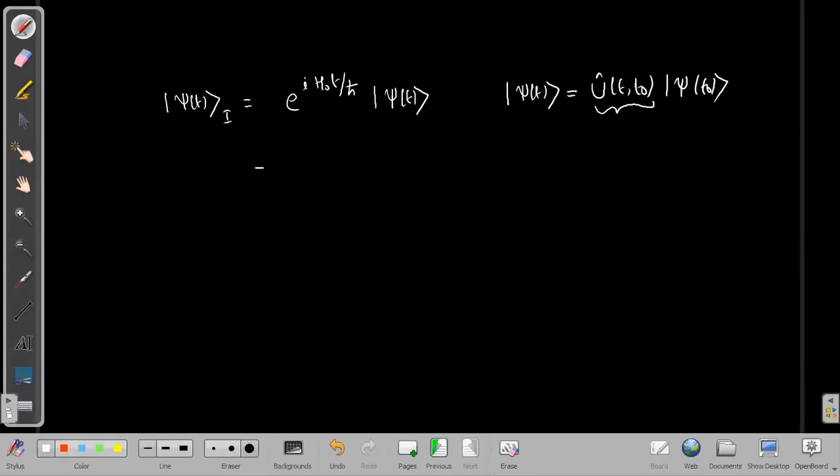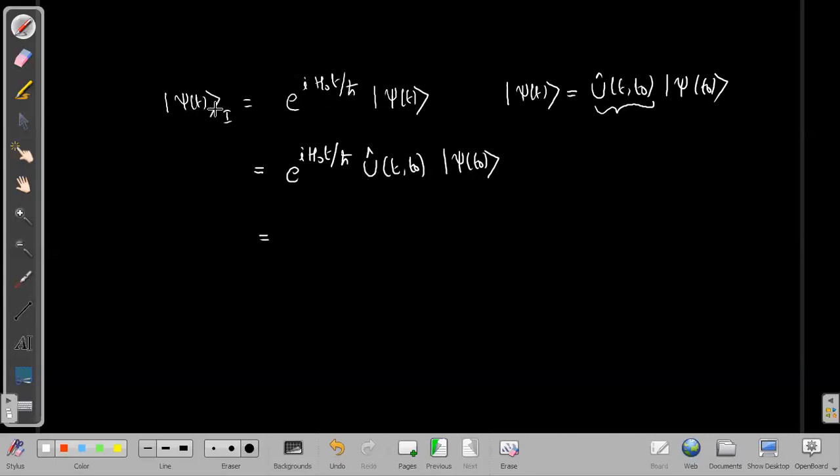Hence this can be written as e raised to i H0 t by h cross, U(t, t0), the state at t0. Now this is in the Schrodinger picture. How can I convert the state in the Schrodinger picture into the interaction picture?